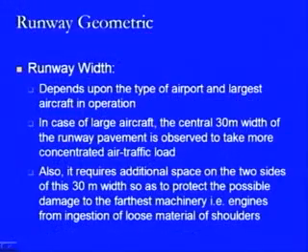Further, it also requires additional space on the two sides of this 30-meter width, so as to protect the farthest machinery, that is engines, from ingestion of loose materials of shoulders. That is another important problem, because if the wings are going away from the runway strip, then on these wings we are providing the engines, and if there is more than one engine on each wing, then the second engine will be going away from the width of the runway strip.